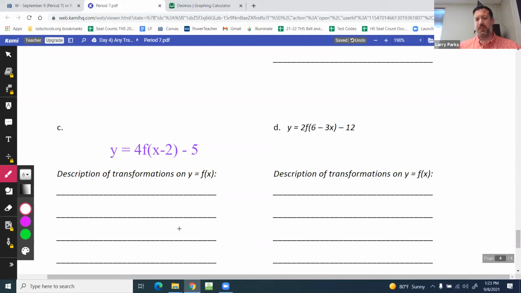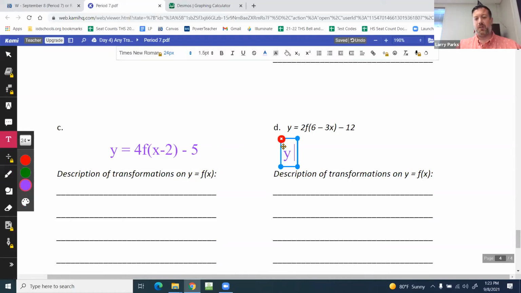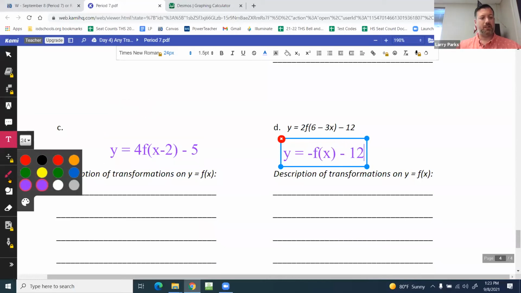Put the description here. And I'm going to change this to y equals 2. Actually, let's do a little bit of a negative. Let's do negative f of x minus 12. What happens to it?